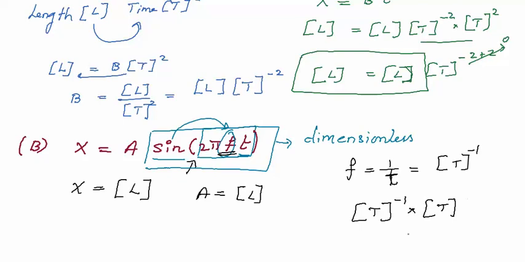These add up to 0, and you just get 2 pi, which is also a number. So no matter how you look at it, your sine function becomes dimensionless. So a is equal to x, and if x is L, a is also of dimension length.